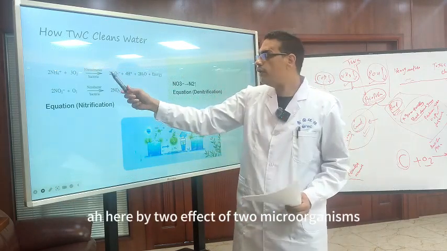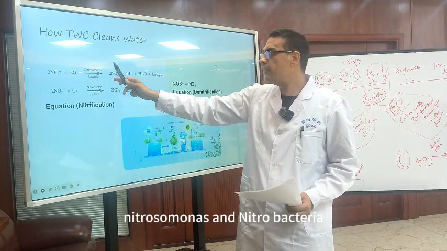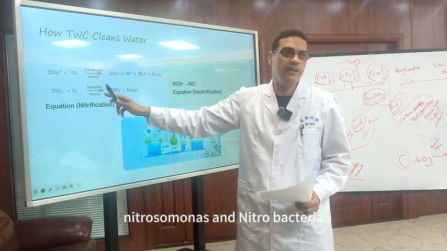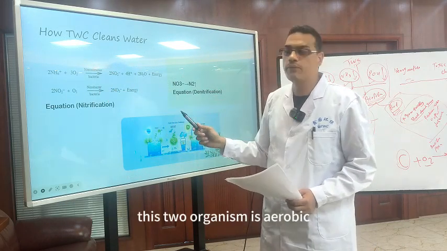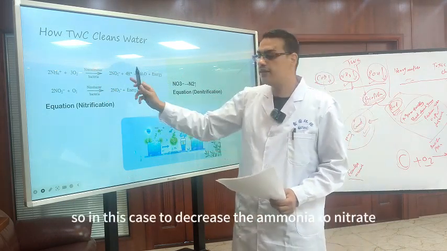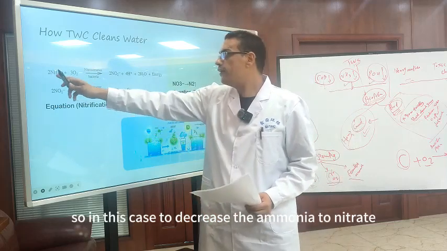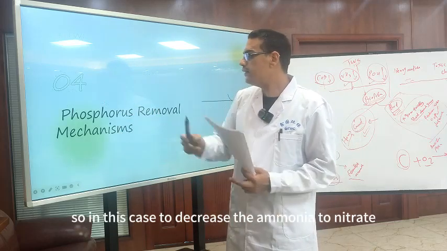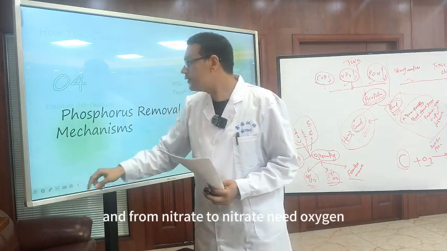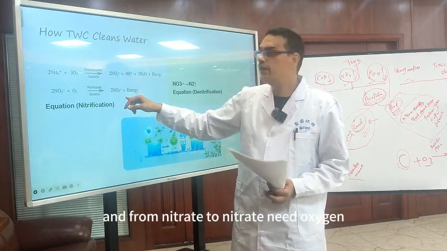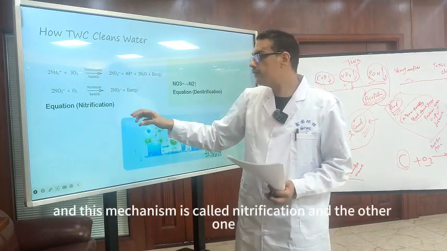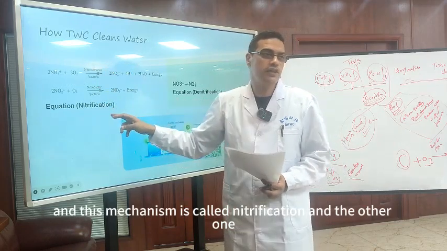By effect of two microorganisms, Nitrosomonas and Nitrobacter, these two organisms are aerobic. So in this case, to decrease the ammonia to nitrite, and from nitrite to nitrate, need oxygen. And this mechanism is called nitrification.